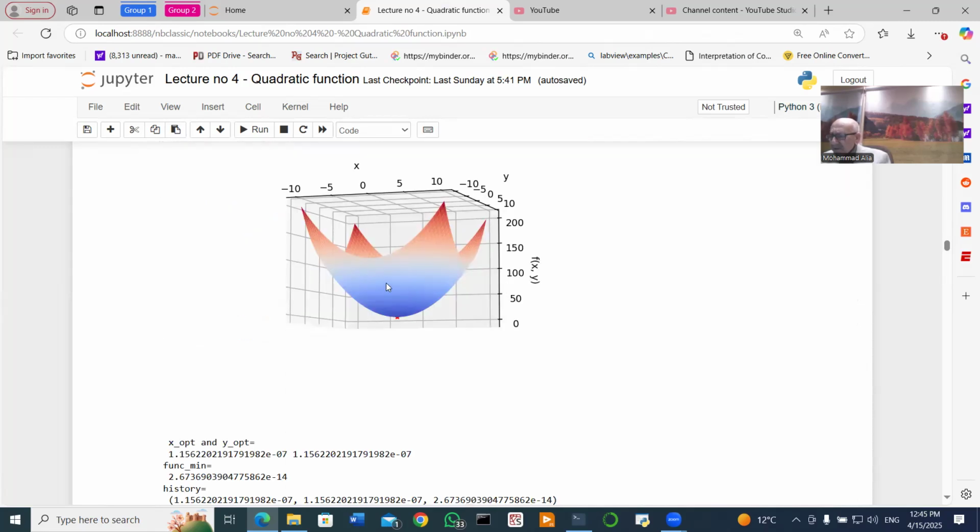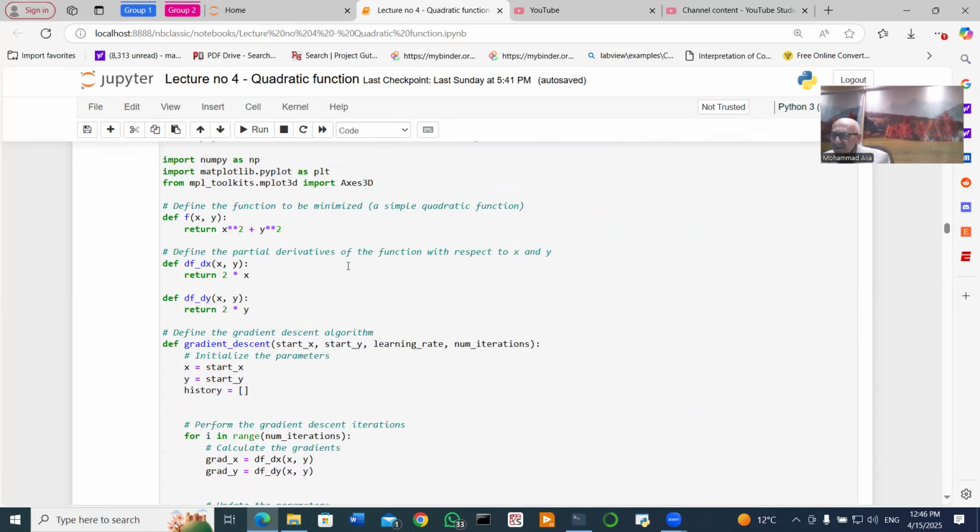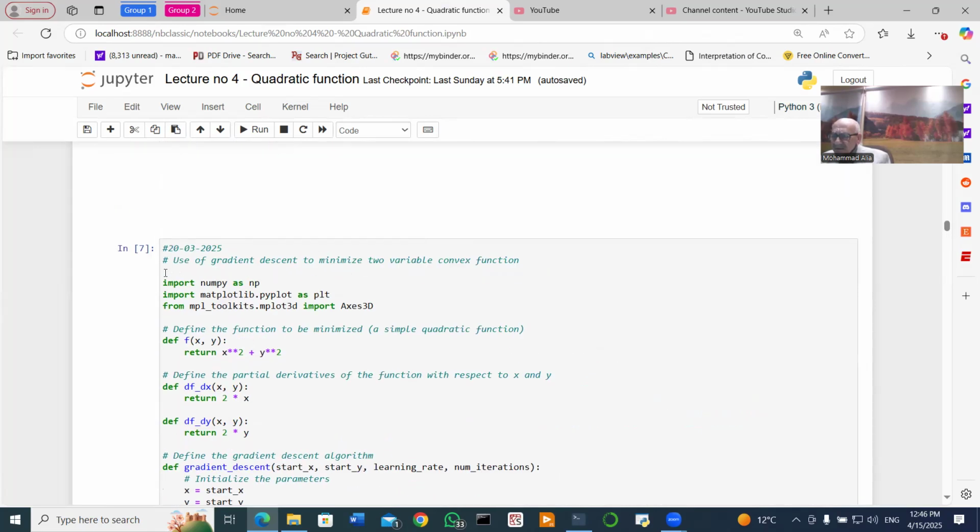If I rotate it, it doesn't rotate. So let me try to print here, maybe 100%. Matplotlib notebook. I think now I have to run the program.